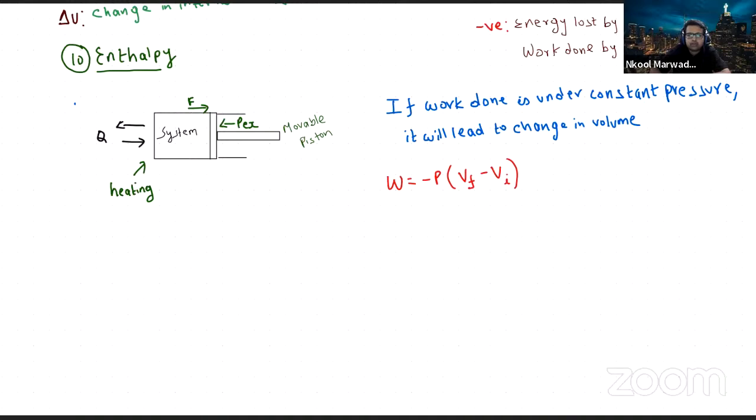Now we know from the first law of thermodynamics, delta U is equal to Q plus W. So I can write it as Q minus P times (Vf minus Vi).